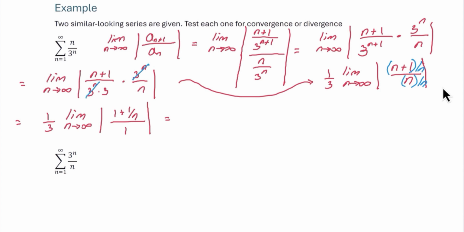Now evaluating the limit, 1/3 times 1 plus 0 over 1. Here we get 1/3. And that we know to be less than 1.